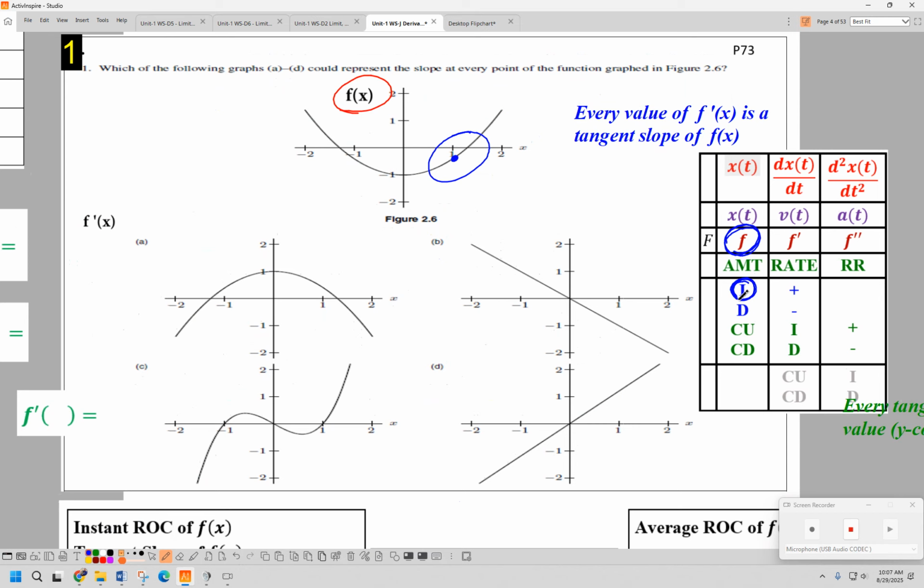Their rate of increase is positive. That's why we say this column, see this word here, amount, is referring to just the values of F. This column refers to how fast those values change. So if they're going up, those values must be changing in a positive way. That's the values of F prime.